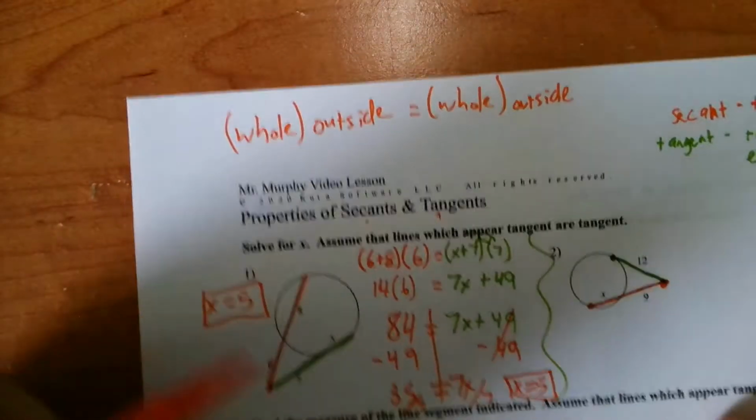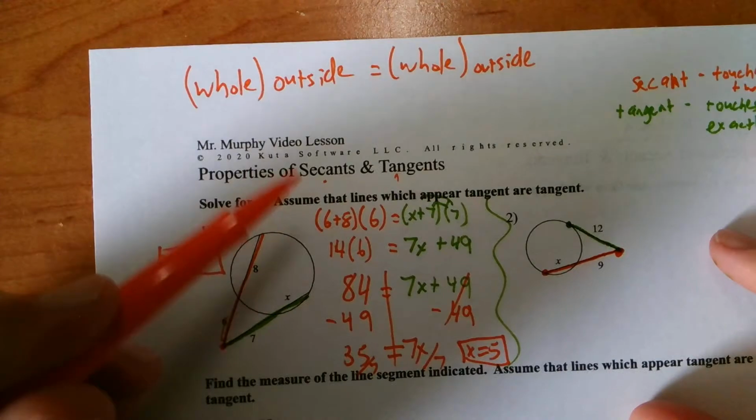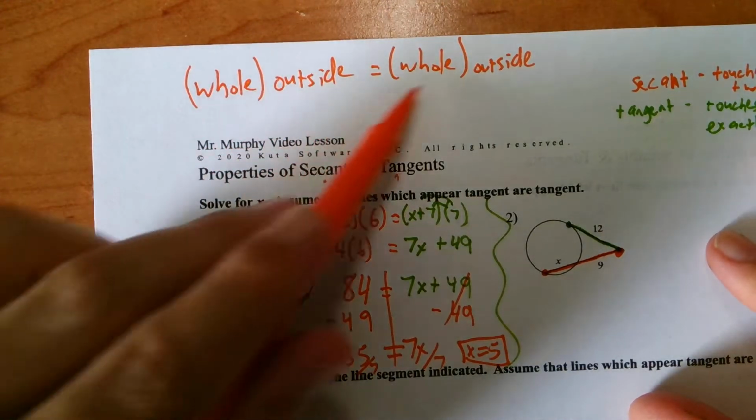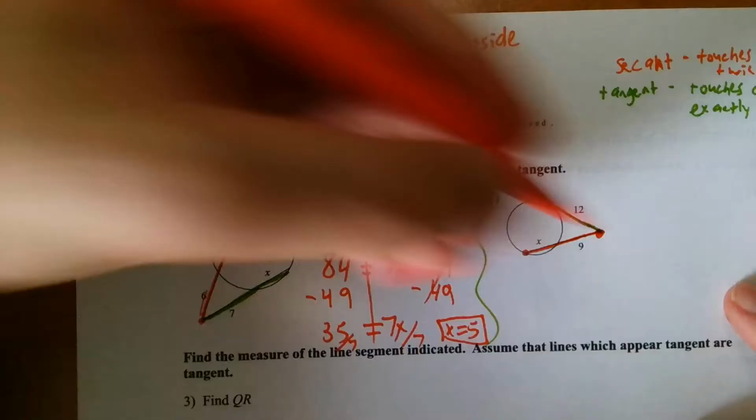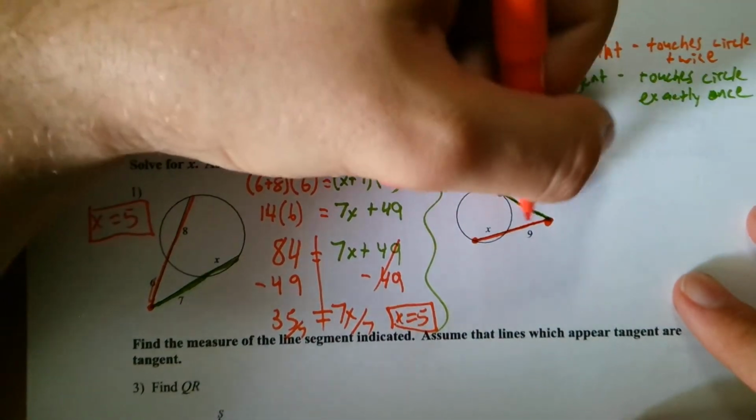Okay. So again, if I want to solve for x, I know the lengths of these two lines will follow this rule. Whole times outside for one equals whole times outside of the other. So I'm going to do the orange line.